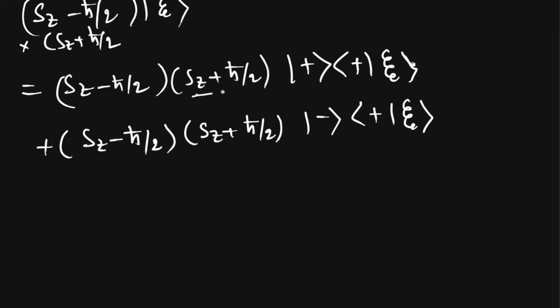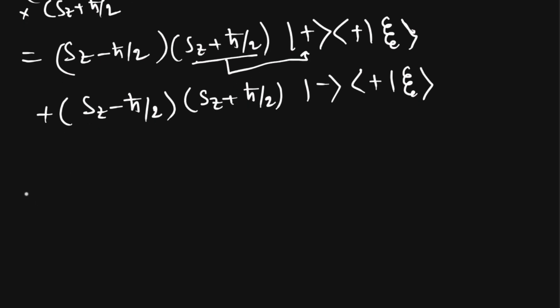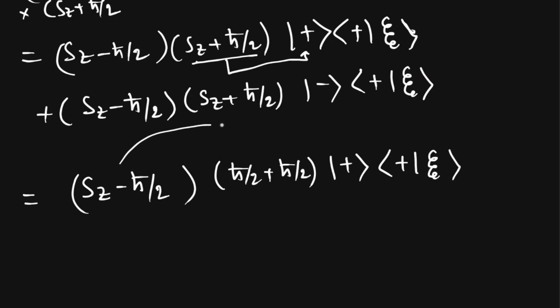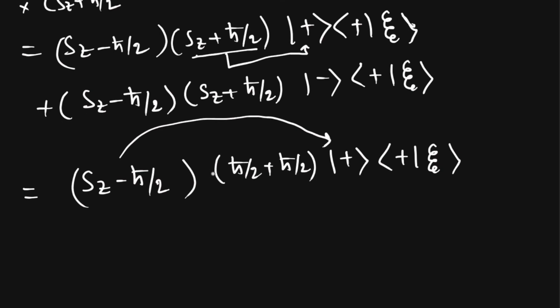First this operator will operate on this state and give (Sz - h by 2)(plus h by 2) plus xi, and then we operate on the other state.